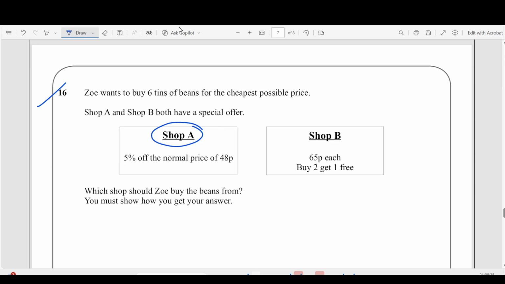No. So 5% of the normal price of 48 pence. 5% of 48 is 5 over 100 times 48. 5 over 100 is 0.05, times 48, which is 2.4. So this is the 5% off price.